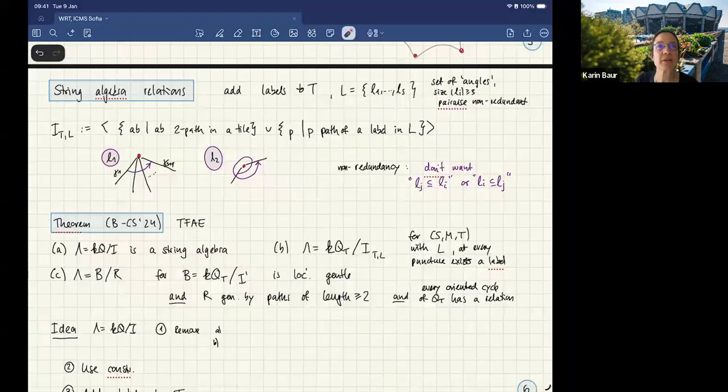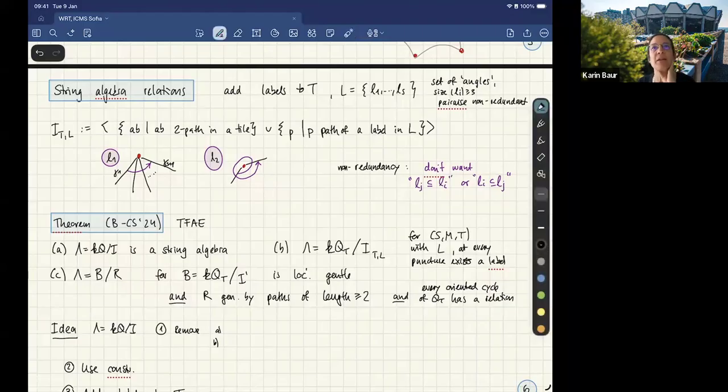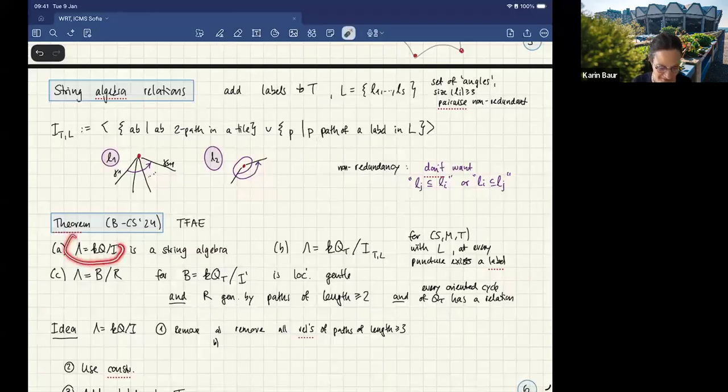So then, what's the idea? Well, we start with the gentle algebra and we first remove all the relations coming from paths of length 3. The idea how to see this part.